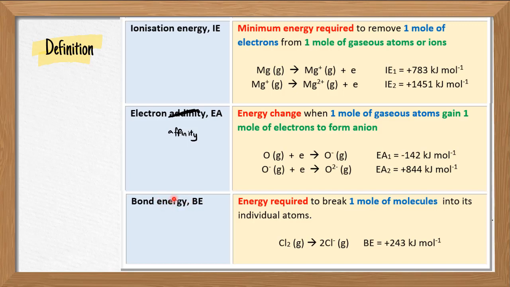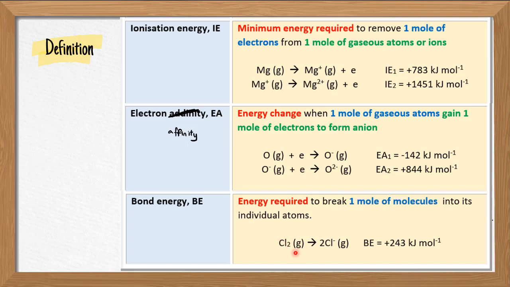For bond energy, we focus on the molecule that we are going to break. So when 1 mole of the molecule is broken into its individual gaseous atoms, energy is required. In this case, we focus on the reactant.